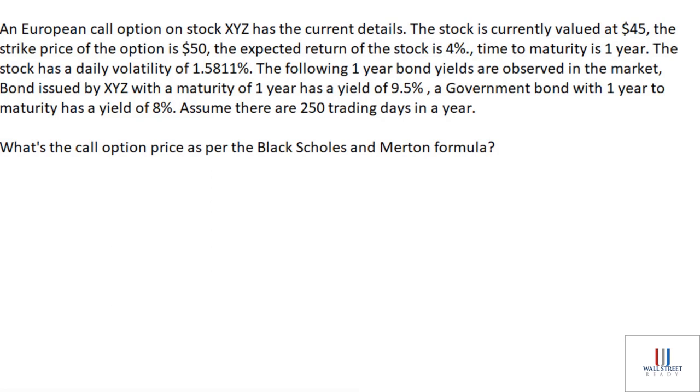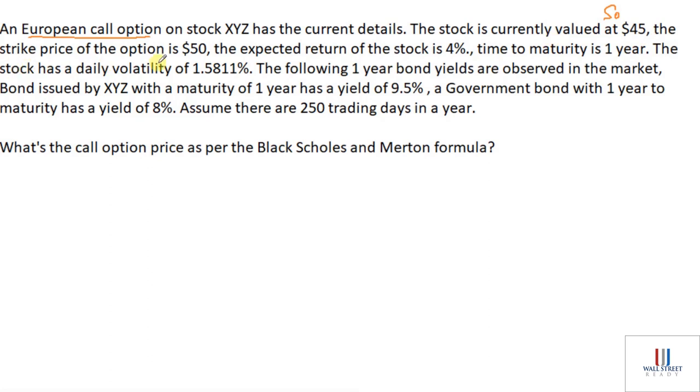So let's go through this question. Now here we have been told that it's a European call option on stock XYZ. It has the current details. The stock is currently valued at $45, so that's my S naught, $45.